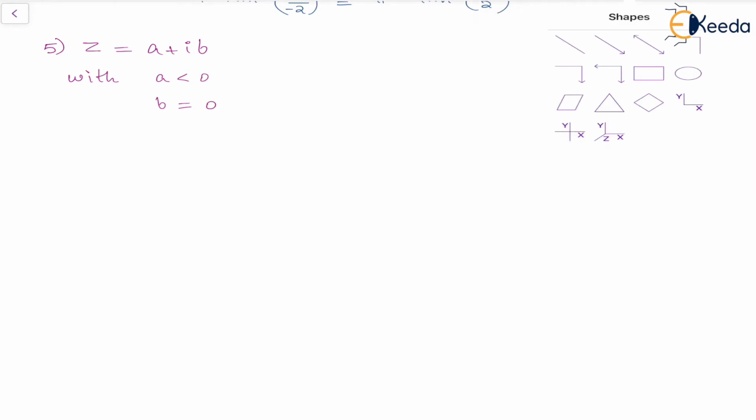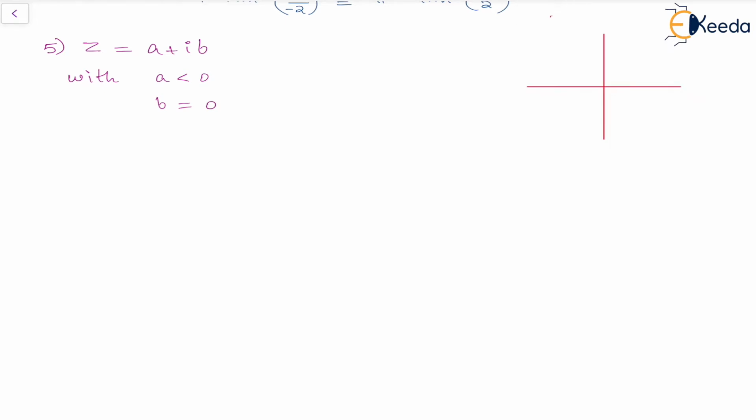Well, in that case, it should lie on the negative real axis. And we can clearly see that the argument is going to be pi in this case. So, argument z is pi, which is equal to theta.